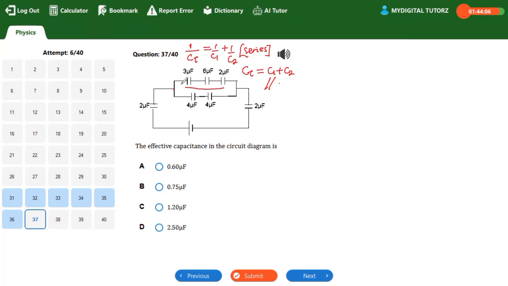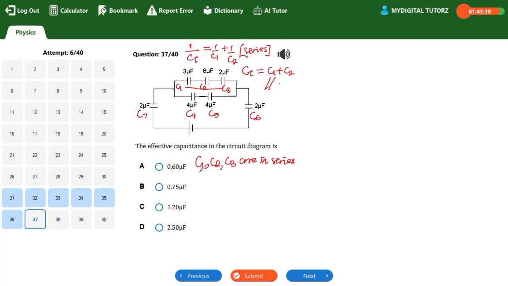So I can name them C1, call this one C2, call this one C3. If I like, call this one C4, call this one C5, call this one C6, call this one C7. So here now, C1, C2, and C3 are in series. Is that correct?